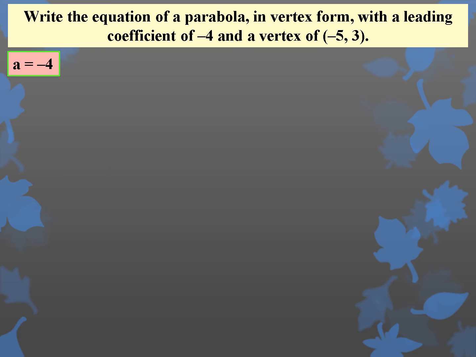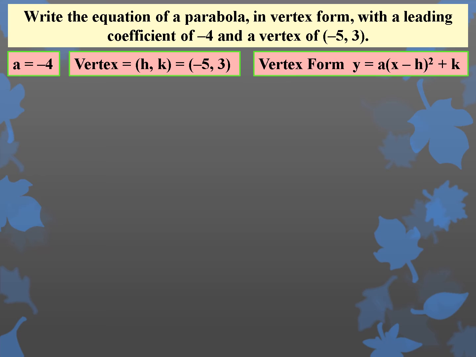The fact that my vertex is negative 5, 3 tells me my H and K. Now, when we're asking you to write equations, we are never going to assume that there's a B value. So when you're just writing the equations, you're only going to do A, H, and K.